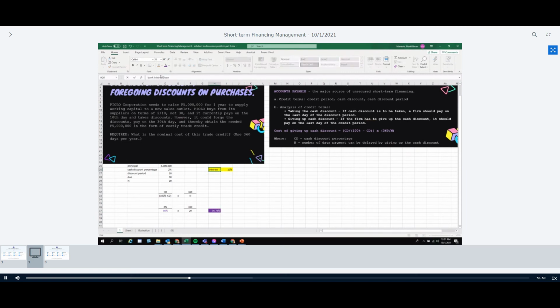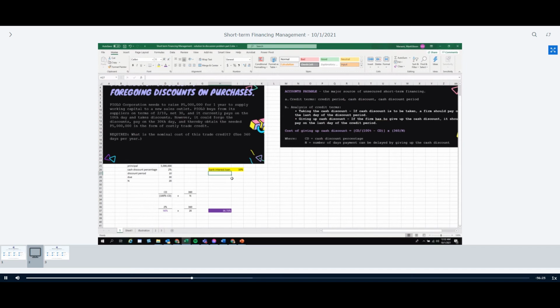So, technically class, ang pinakompute lang sa atin dito is the nominal cost of this trade credit, no? So, meaning, ito yung annual cost na nafo-forgo natin for not availing the cash discount, no? And simply, we compare it with the going interest rate for a bank loan, no?